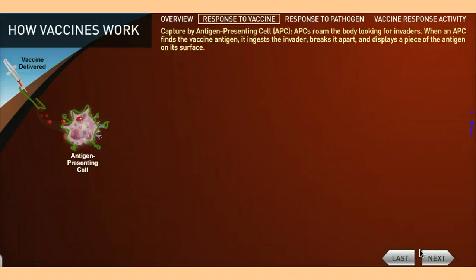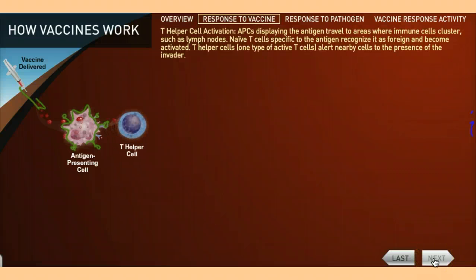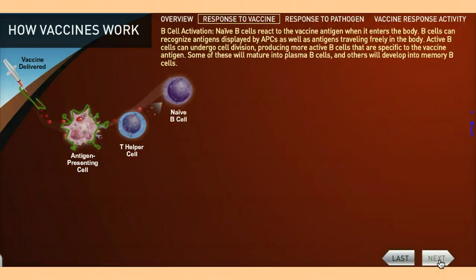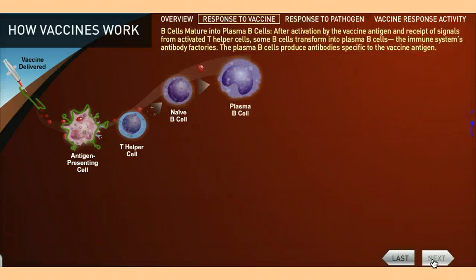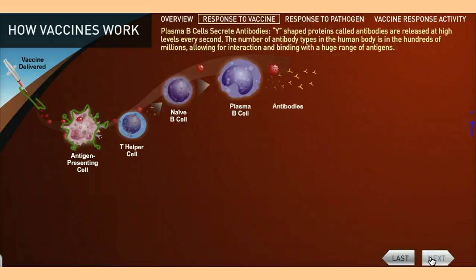Good. So now we have our helper T cell. Our helper T cell is going to recognize that antigen, and our naive B cell, or rather our plasma B cell, is triggered, and then we make antibodies.